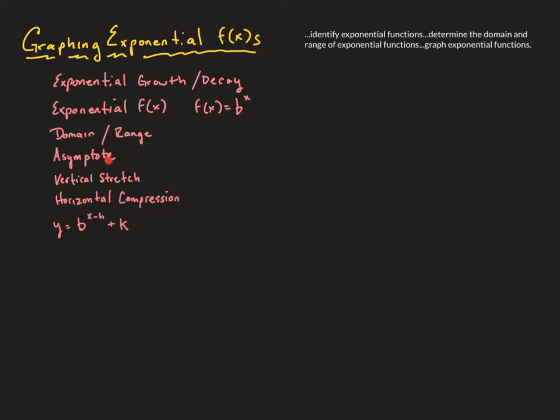And then asymptote. An asymptote refers to that value that we're going to get really close to but never touch. Often we speak about it in the behavior of functions. If I look real quickly at a graph of an exponential equation, it may appear to be something like this. As my x increases, my y increases, so that is my exponential growth.